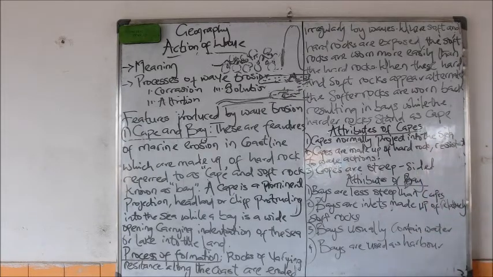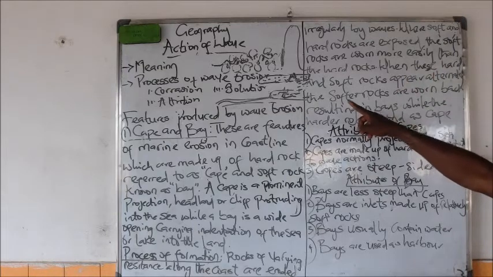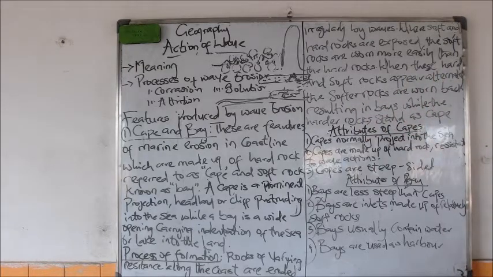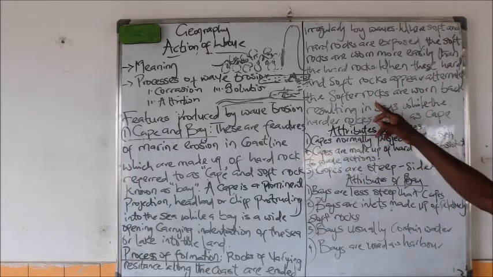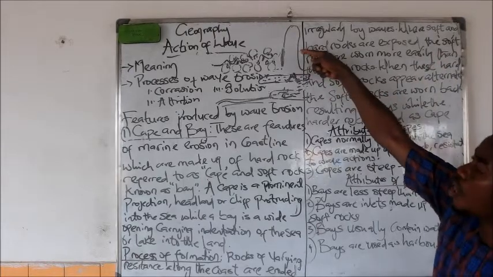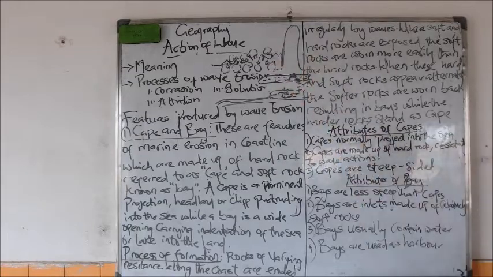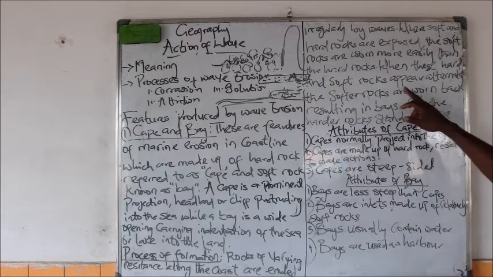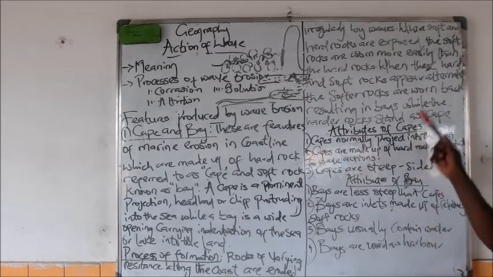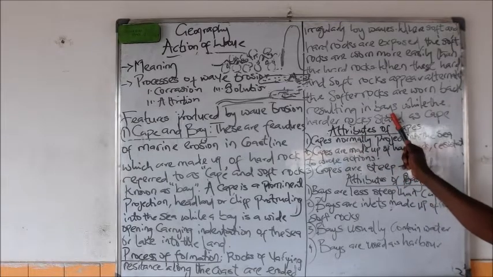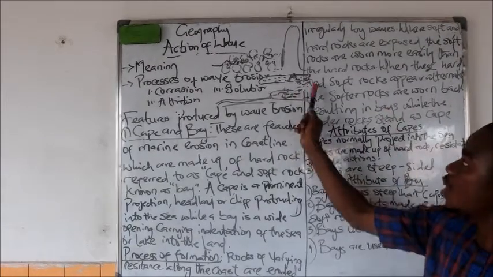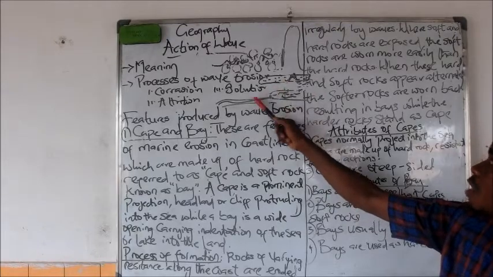So when these hard and soft rocks appear, alternating, one hard rock up, one hard rock down, alternating with the soft rock, the softer rocks are worn back, resulting in a bay.